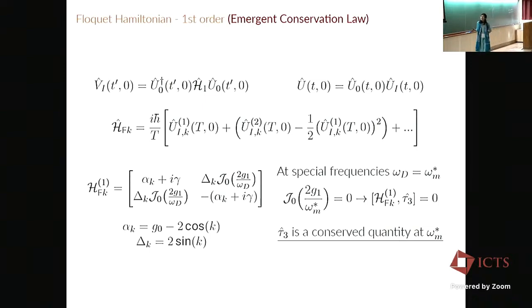And then the off-diagonal elements are modulated by the Bessel zero function. So Bessel zero is a function which has certain zeros. So if your frequency hits those zeros, your off-diagonal term vanishes, and the first order Floquet Hamiltonian commutes with magnetization. And this is the emergent conservation law that I was talking about earlier.